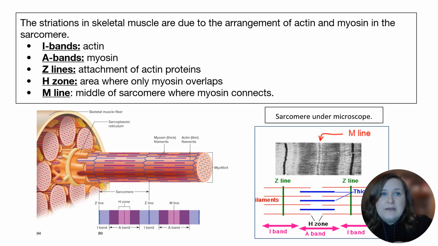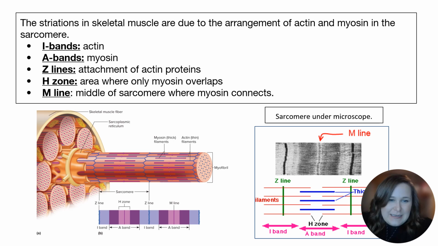So the striation in skeletal muscle is going to be due to the arrangement of actin and myosin in the sarcomere. When we see those I bands, we know that that is actin. When we see the A bands, and right here is a really good diagram that is showing you that.